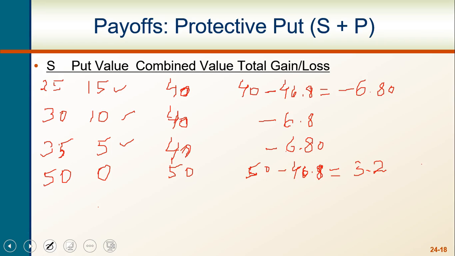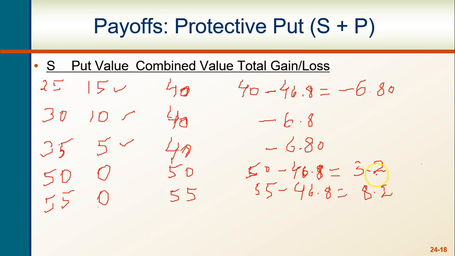So let's assume one more, $55 stock price. So the put value is going to be again 0 because E minus S will be again negative. And the combined value will be 55. And the total gain or loss on our position will be 55 minus 46.8. And that is going to give us $8.20. And we have room for, I guess, one more scenario.